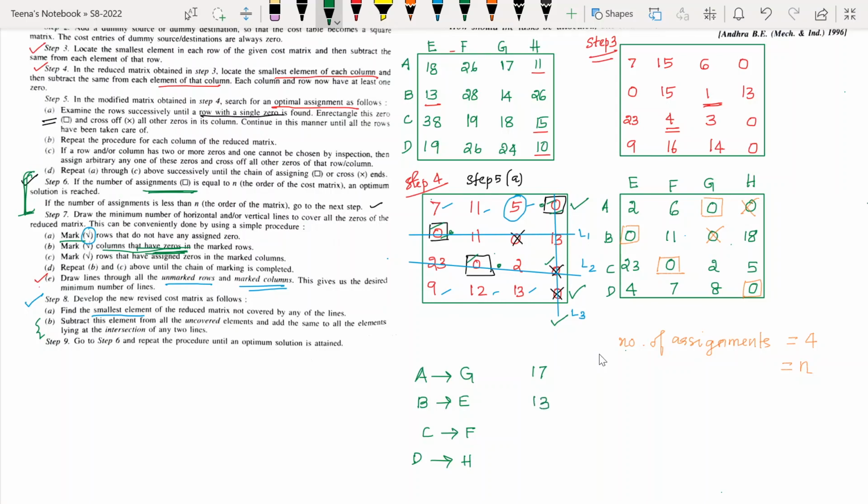Then from C to F, it is 19, and from D to H, it is 10. So adding all these, we have the total time as equal to 59. So 59 man hours is required to complete the entire task. So that is the answer to the first question.